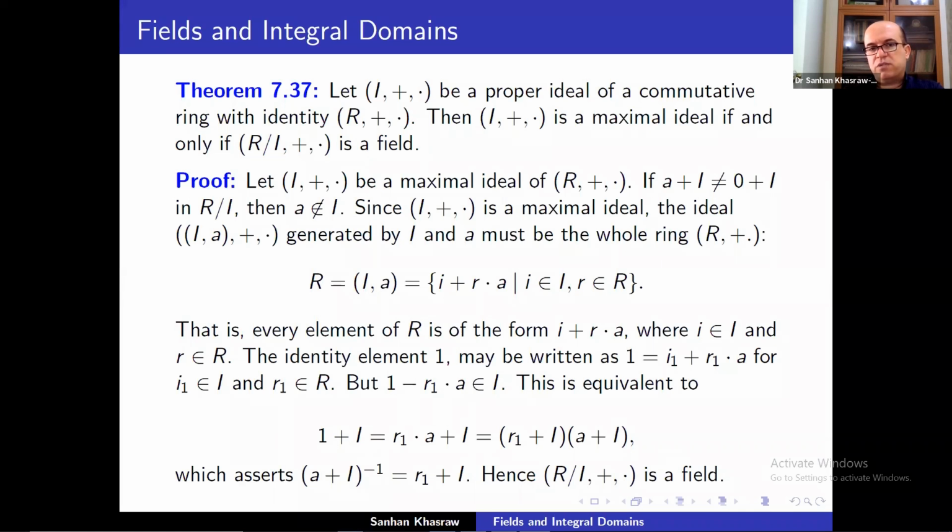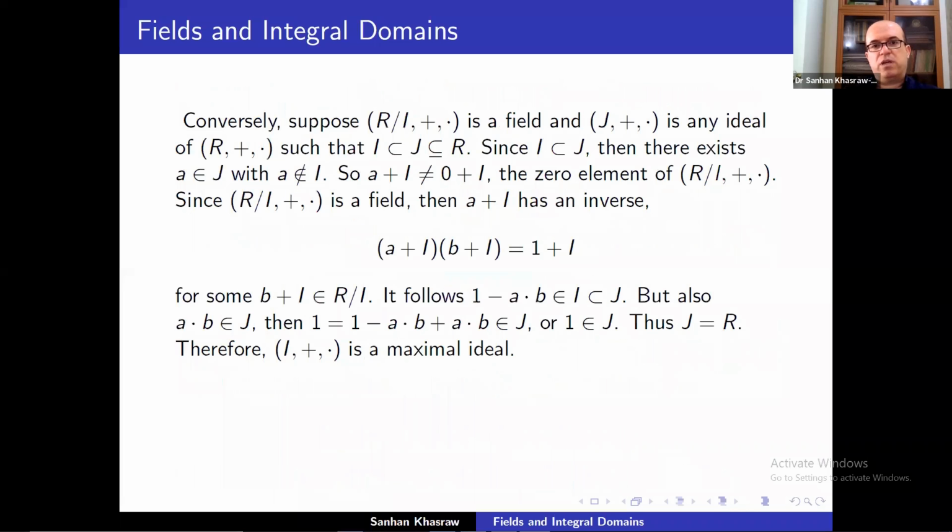How about the converse: if R over I is a field, show that I is a maximal ideal. Let's check.